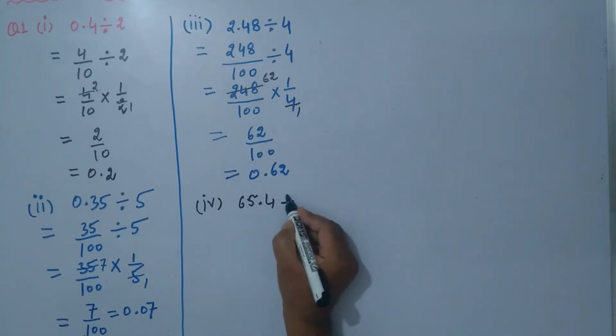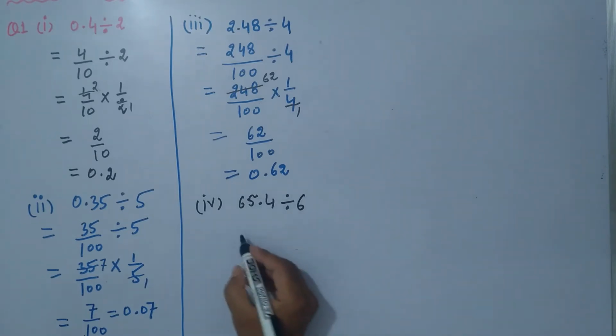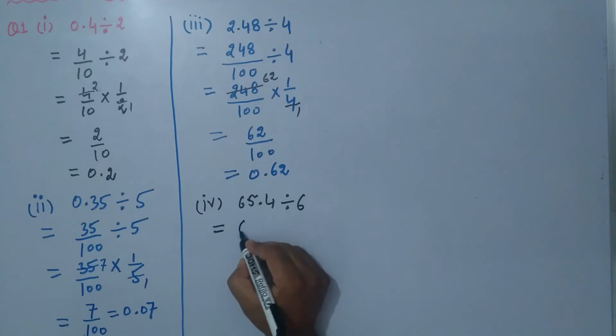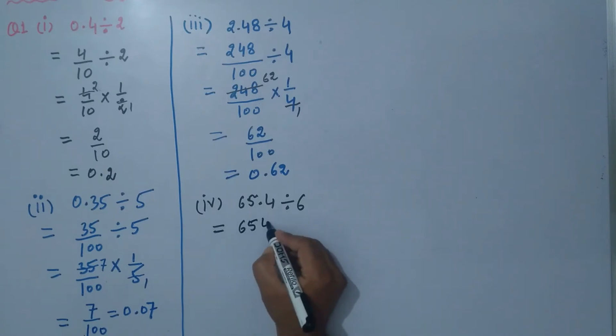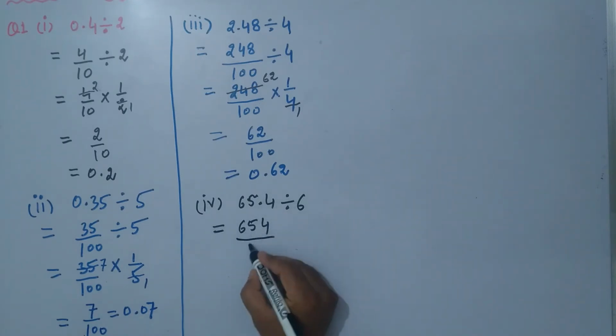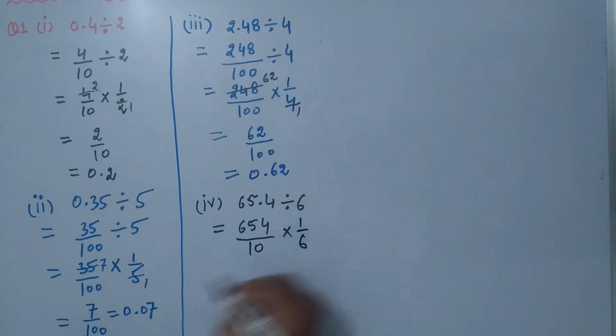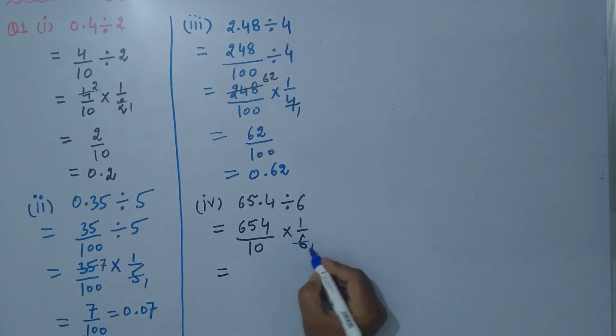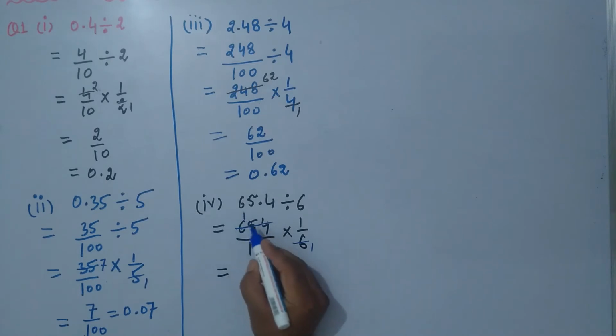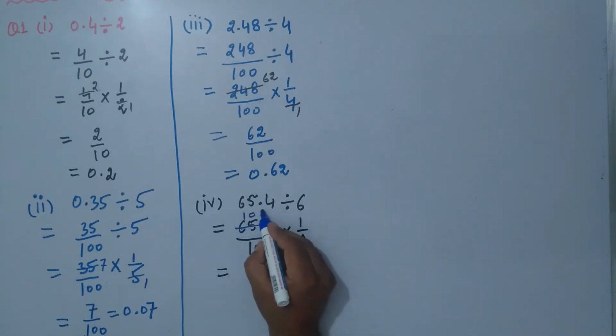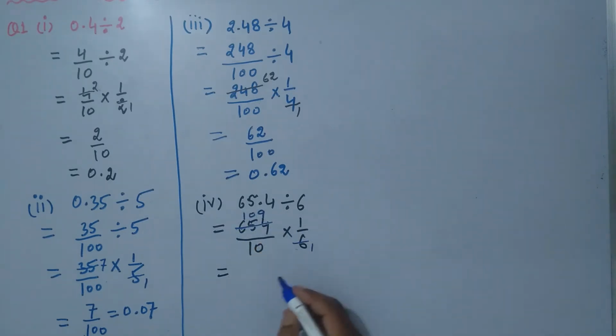Our next part is part number 4, 65.4 divide 6. This means 654 divide 10 into 1 upon 6. So this is equal to 6 ones are 6, 0, 6 nines are 54.